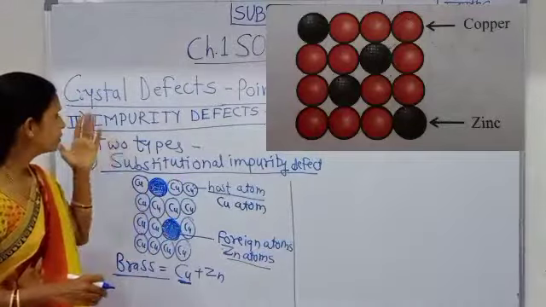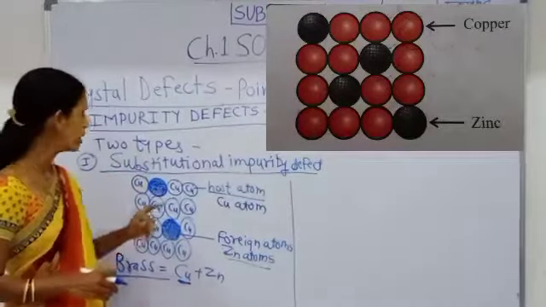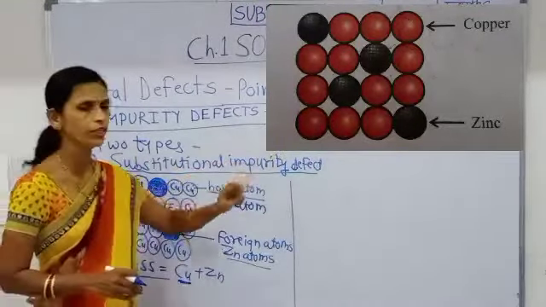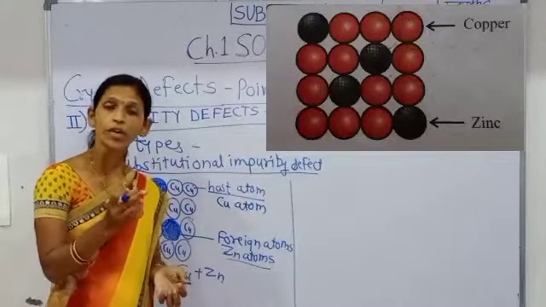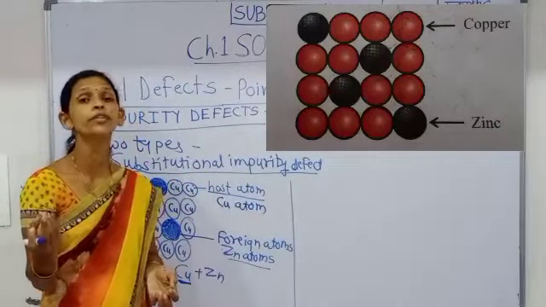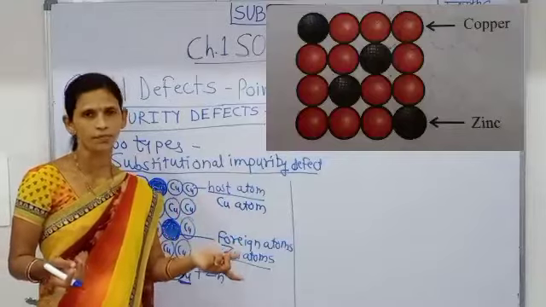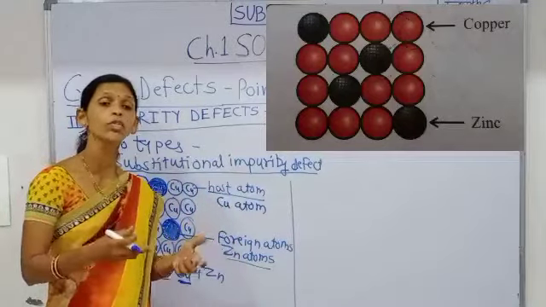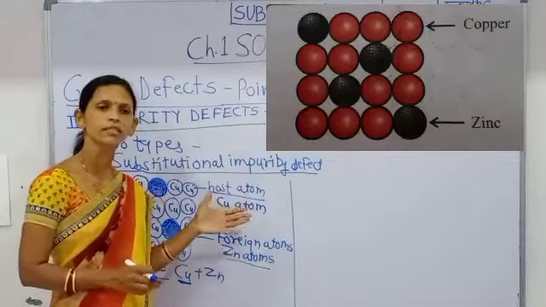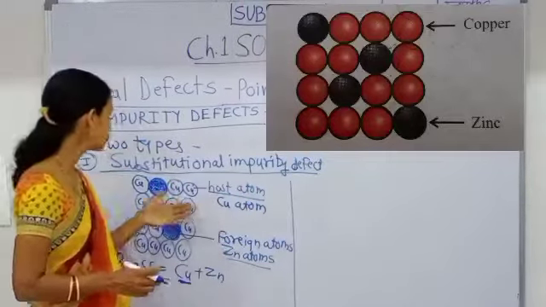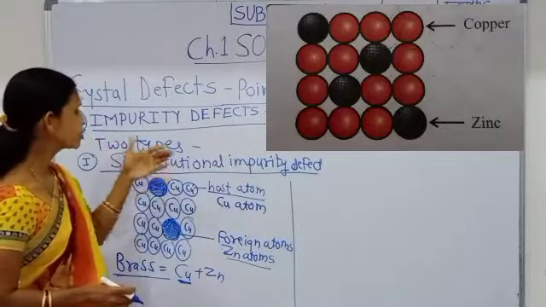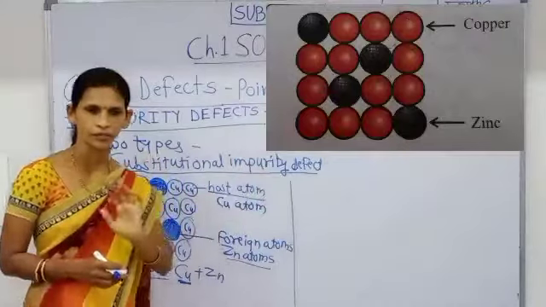That type of defect is called substitutional impurity defect, because the copper atoms are substituted by zinc atoms from their original sites.